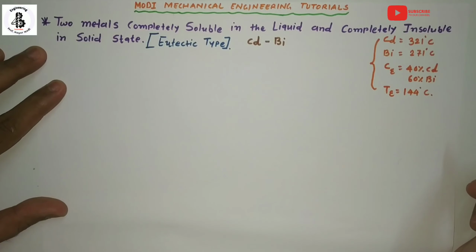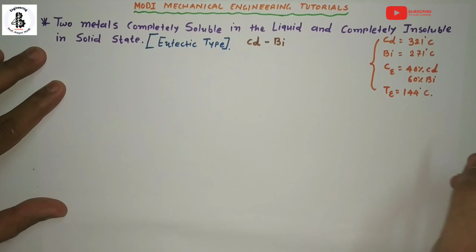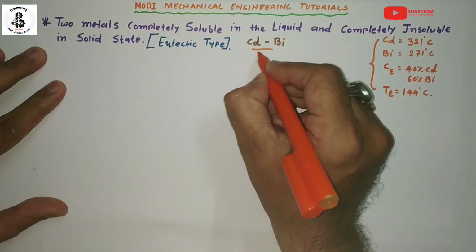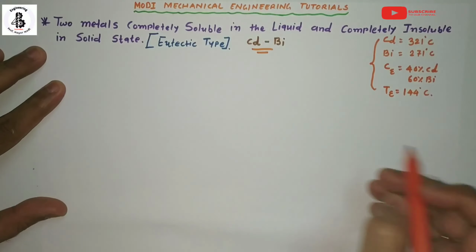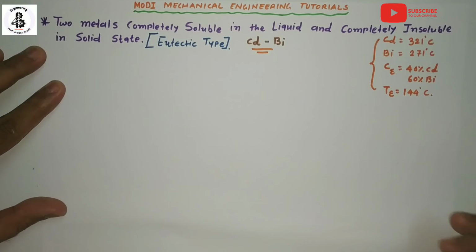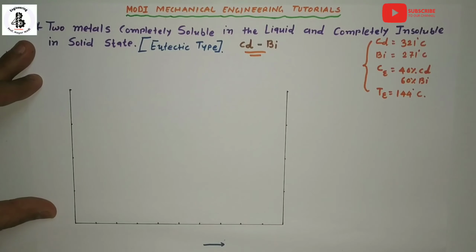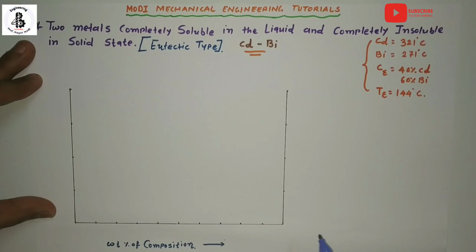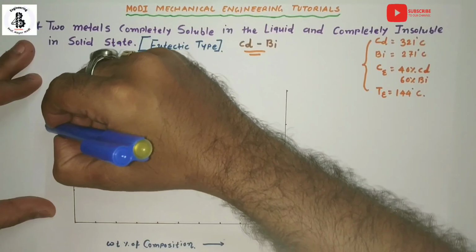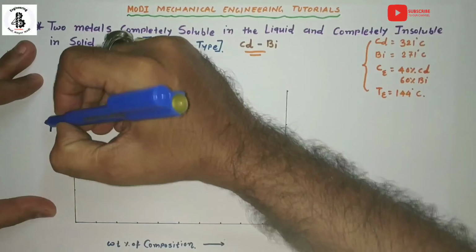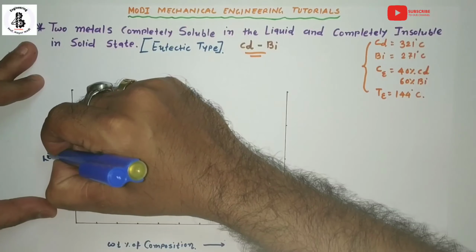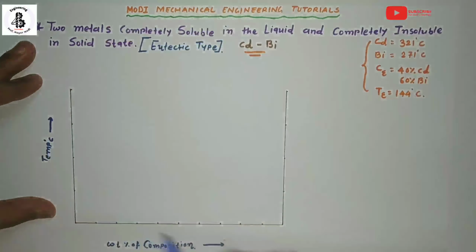Now let's see how to make a phase diagram for cadmium and bismuth, which has a eutectic type of transformation. Here we have the x-axis and y-axis. For the phase diagram, let's make the x-axis the weight percentage of composition, and the y-axis the temperature in degrees centigrade.